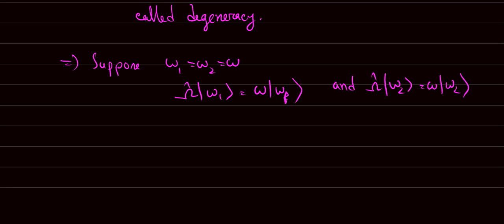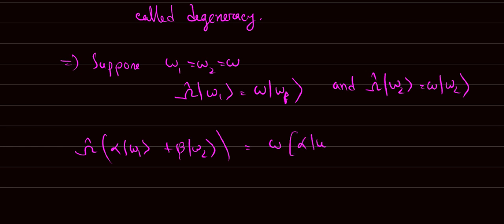So it follows that if you take a linear combination of these two eigenvectors and operate on the linear combination, we get this. So the linear combination of our two eigenvectors is also an eigenvector of our operator.